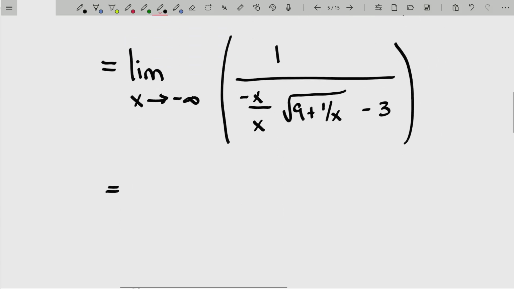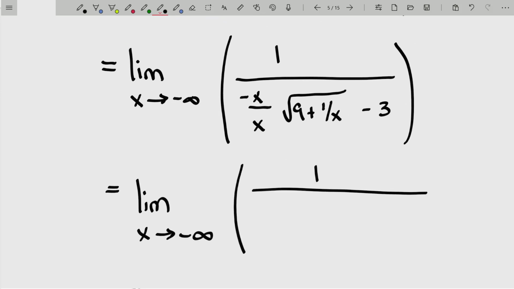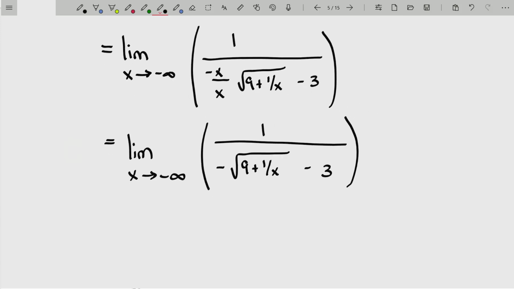And so this will be the limit as x approaches negative infinity of 1 over a negative root 9 plus 1 over x, and then minus 3. Remember, as x goes to plus or minus infinity, 1 over x approaches 0.